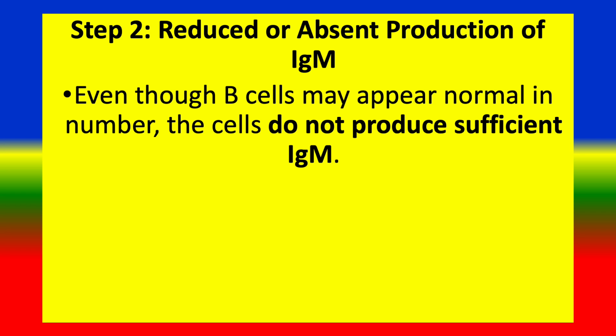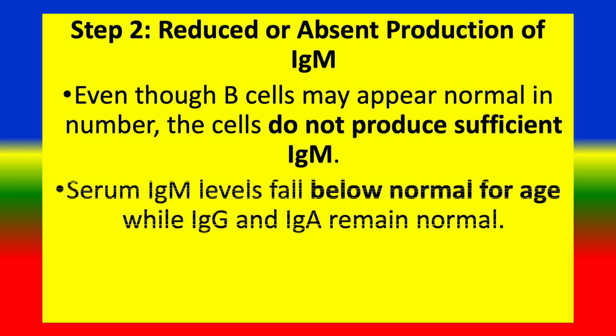Reduced or absent production of IgM. Even though B cells may appear normal in number, the cells do not produce sufficient IgM. Serum IgM levels fall below normal for age, while IgG and IgA remain normal.